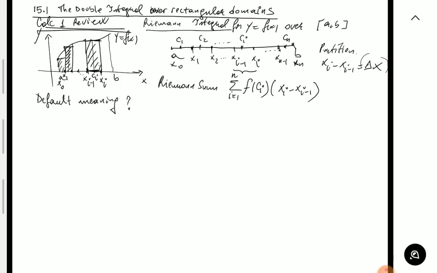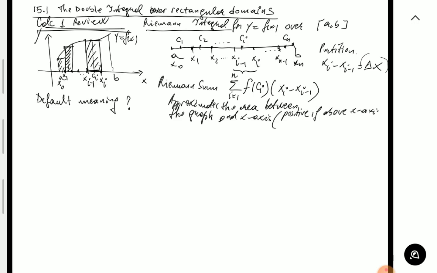So on and so forth, right? So this sum approximates the area between the graph and the x-axis. That area is going to be measured positively, so it's going to be positive if above the x-axis and negative if below the x-axis.